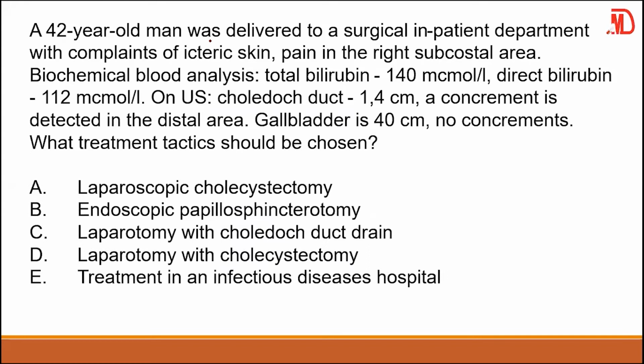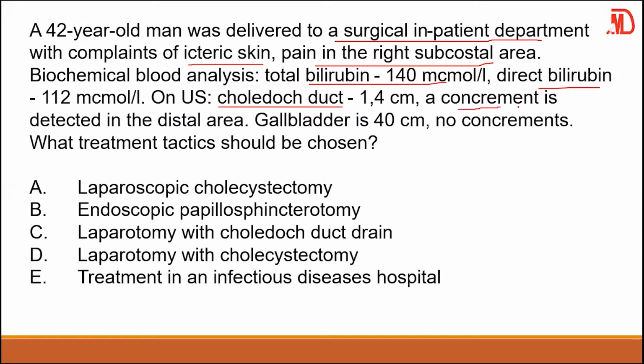A 42-year-old man was delivered to a surgical inpatient department with complaints of icteric skin and pain in the right subcostal area. Blood biochemical analysis shows total bilirubin of 140, direct is 112 out of the 140. On ultrasound, we have a duct of 1.4 centimeters.